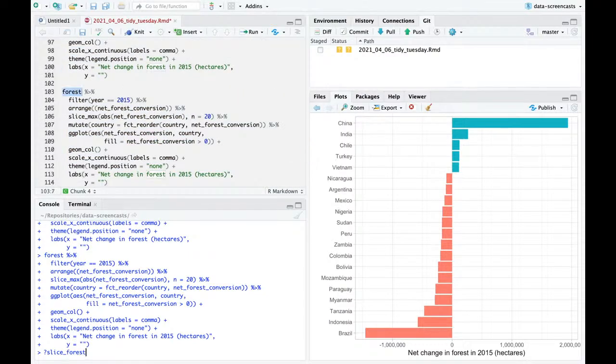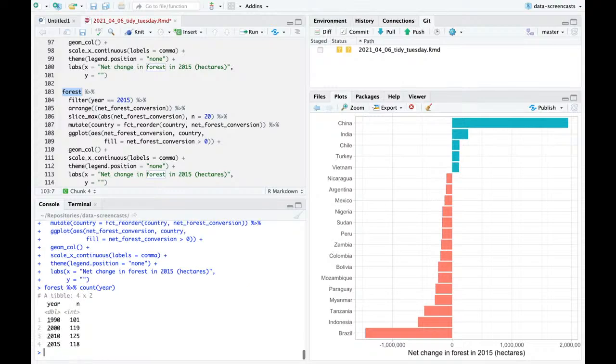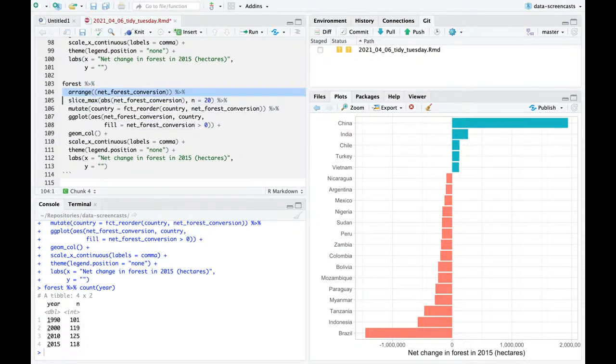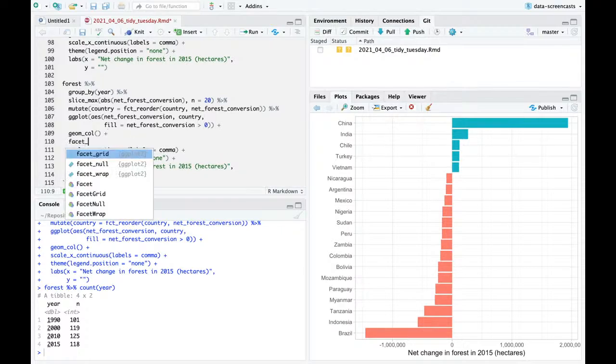And do I have as much data for all these years? Not quite the same data, but it's not off by that much. So maybe what I can do is, don't need this line, group by year, and facet by year. I did the group.